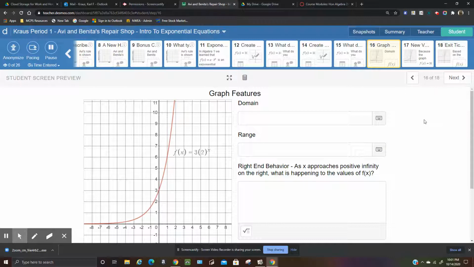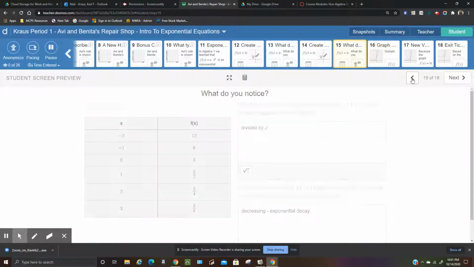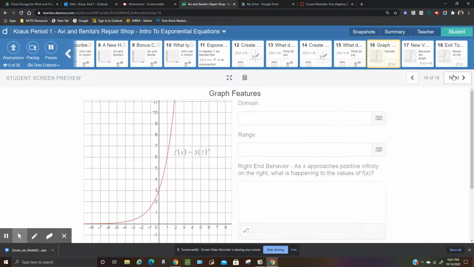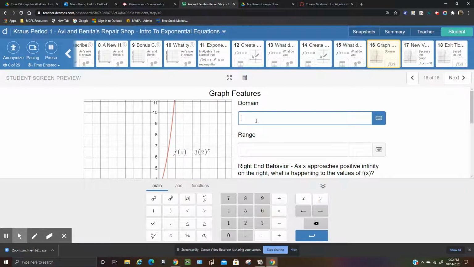All right, so now we're getting into the features of the graph here. The domain would be -infinity to +infinity.